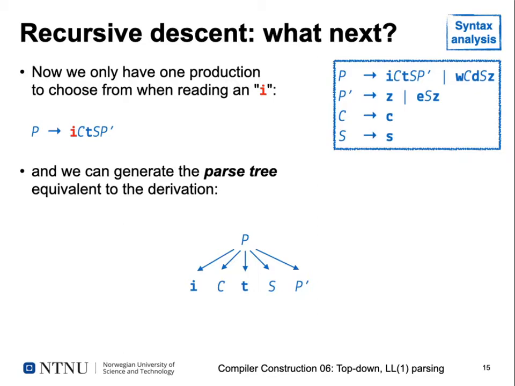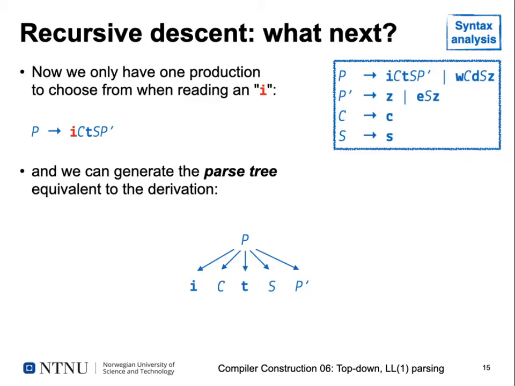So if we use this modified grammar now, when we read an i at the beginning, we only have one production to choose, which is the first one here, because the other production starts with a w. So we're starting here. We know we have an i, so we can start building our parse tree now.